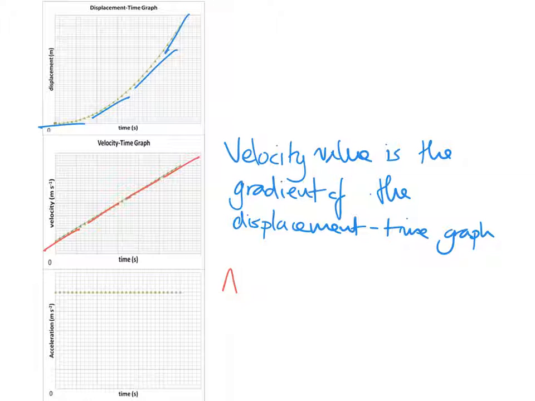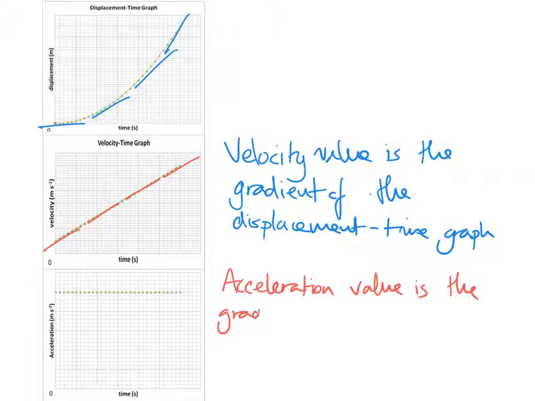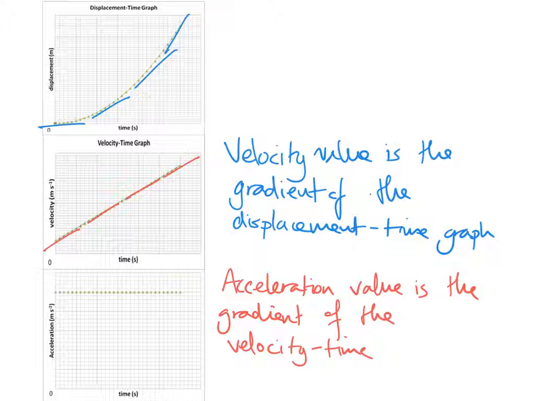So the acceleration value is the gradient of the velocity time graph. And in this particular case, which is quite a common situation, single constant acceleration is what it gives you.